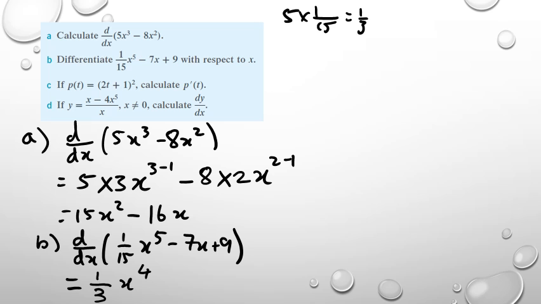If you're not sure, I can show you later. Then minus, what does this one become? 7. Now it's just a 7, okay? Then with the plus 9, that's a constant, so it'll be a 0. So that's the answer. Fairly straightforward, nothing too difficult.